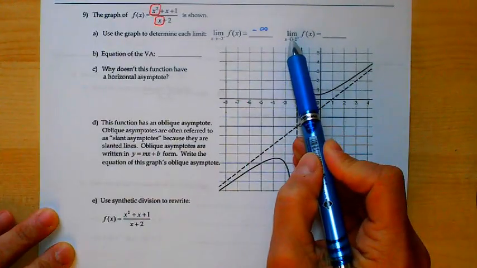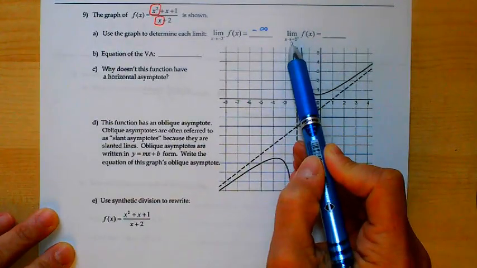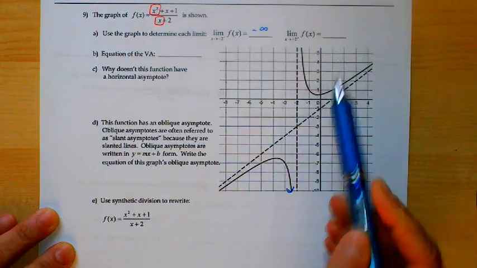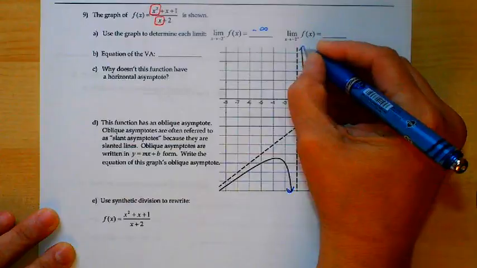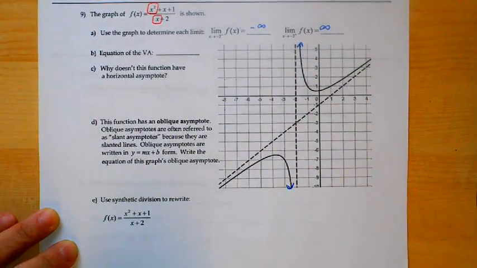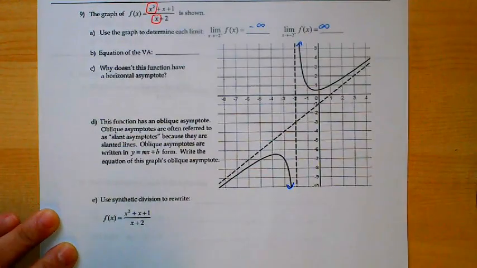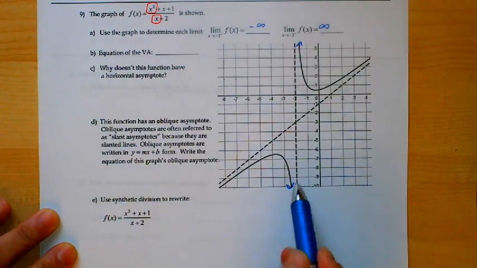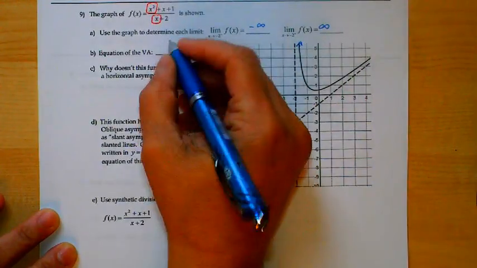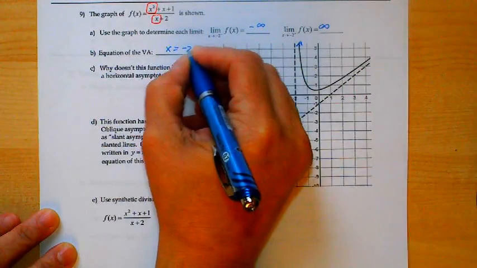And as we evaluate the limit of f of x as x approaches -2 from the right, walking towards this value from the right, we do see that the y values shoot drastically upwards. So that is infinity. And yes, when we see these infinite limits, the equation of the vertical asymptote must be x equals -2.